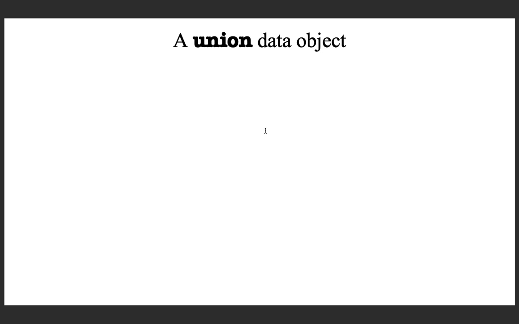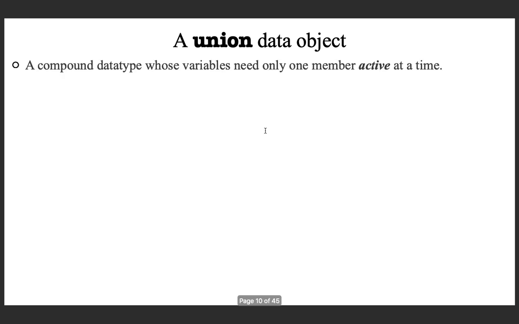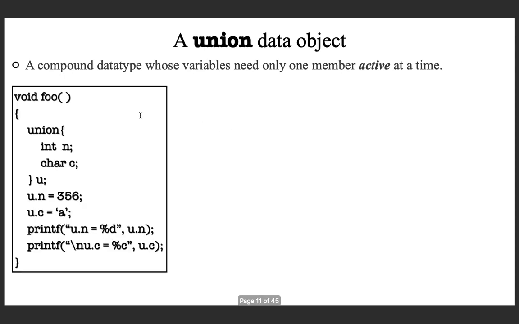So with this motivating example, let us look at a concrete example. We are going to see a compound data type whose variables need only one member active at a time. Here is an example. I am showing you the definition of a function foo, in which I have defined a union and a variable of that type.